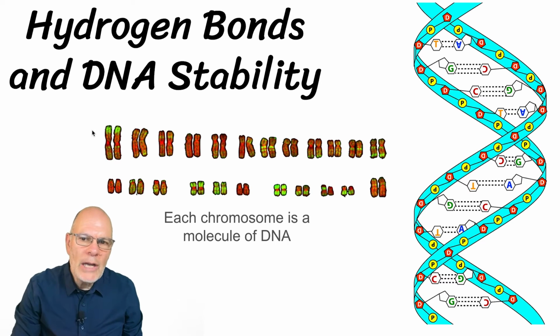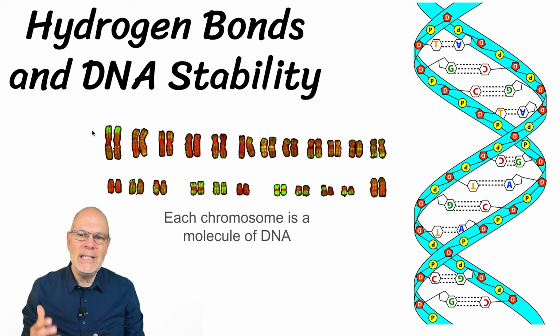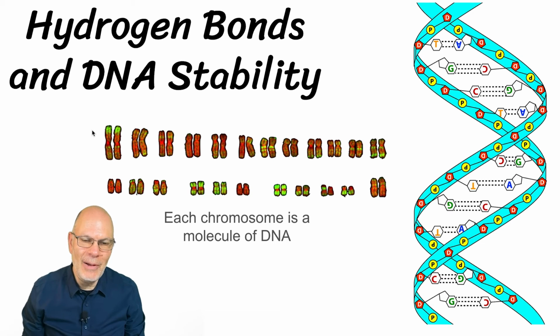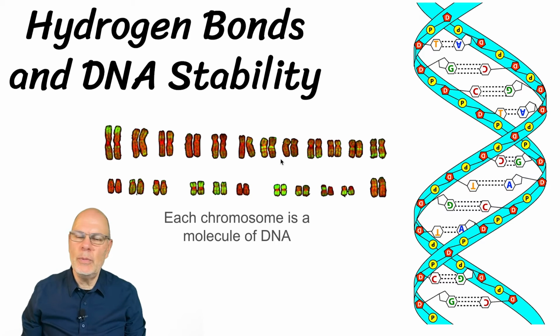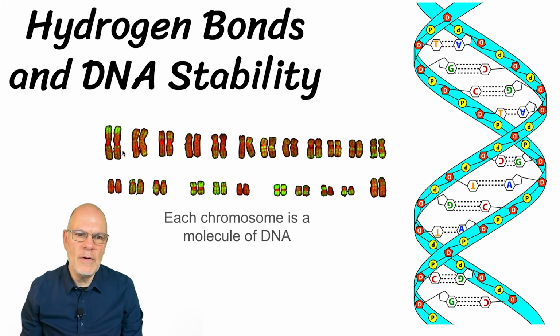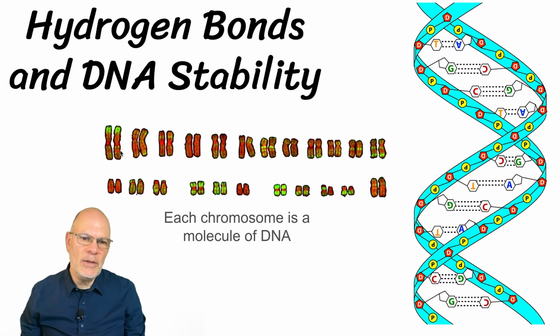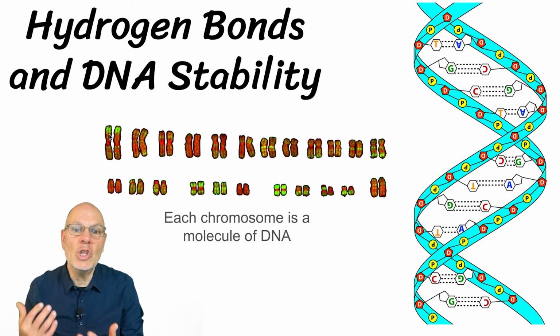Okay, so the hydrogen bonds that form between DNA give it incredible stability and allow DNA molecules to be phenomenally long. How long? Well, this is a picture of the chromosomes that are found in a human cell, and they're colorized for effect. But the thing to note is that you've got 23 chromosomes, and the first chromosome is the longest of all of the chromosomes in the human body.